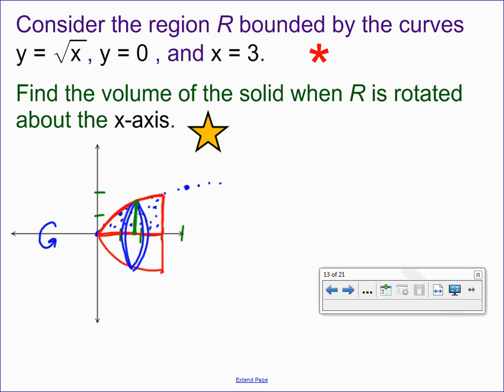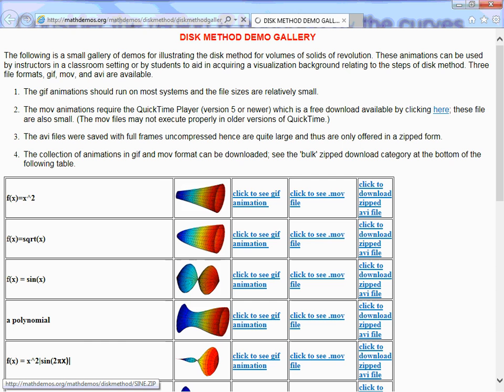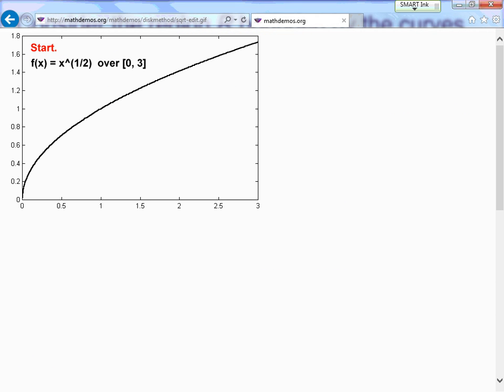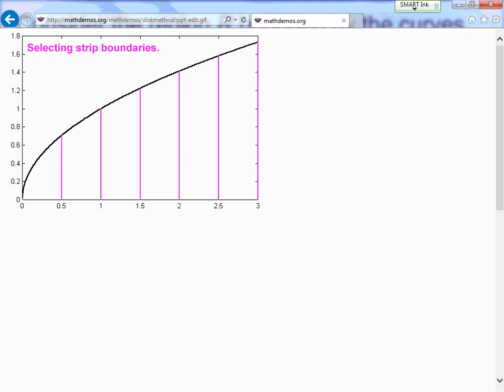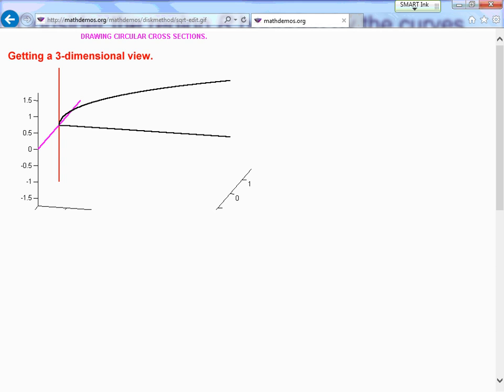Okay, so let's go ahead and see an animation for that. So here we want y equals square root of x, and we want to spin it. Let's see if this one works for us. So here we have our square root of x, and we're going from 0 to 3. So we can consider each individual slice.